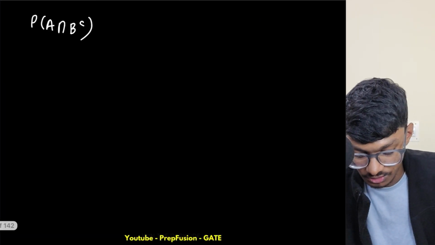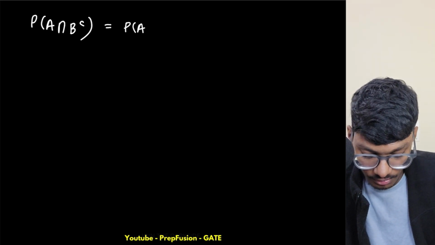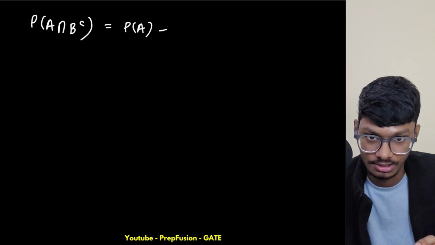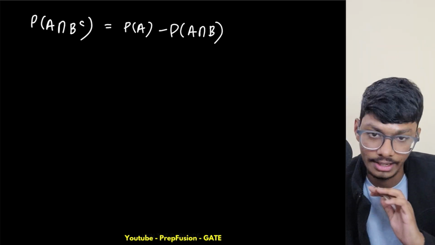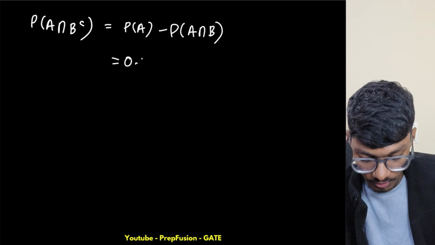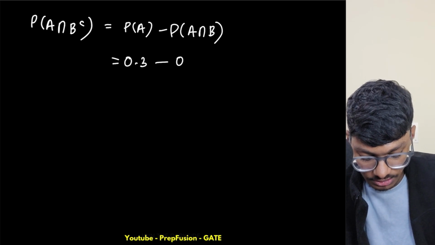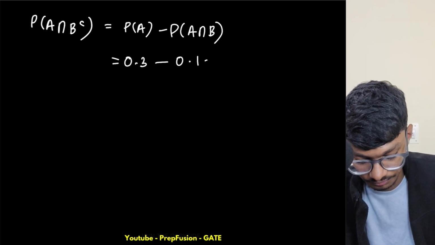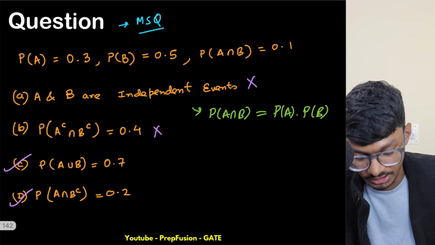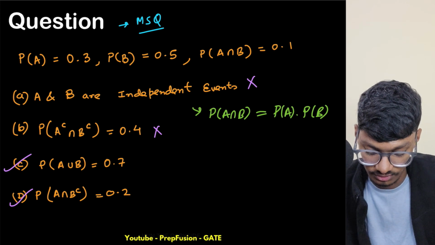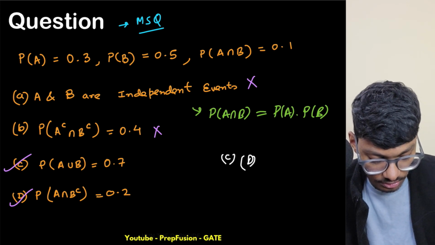So this will be equal to probability of A minus probability of A intersection B. I don't want any part of B. So probability of A is 0.3 minus 0.1, which is equal to 0.2. So that's what we got here. So the answer for this is C and D.